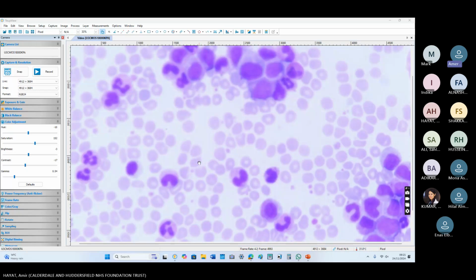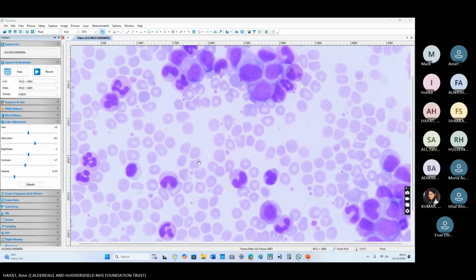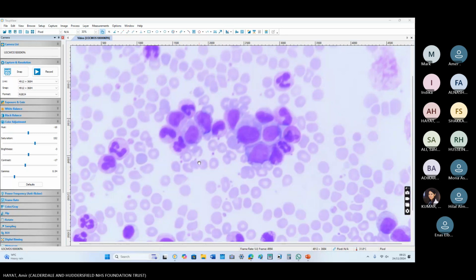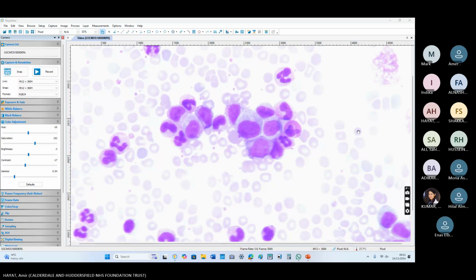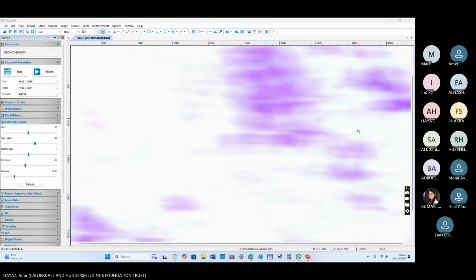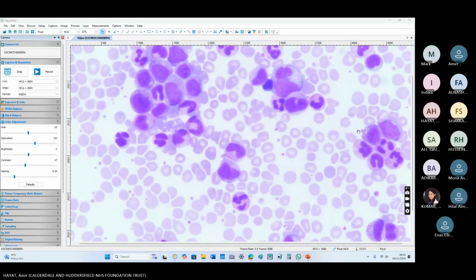Looking for basophils. I see one there now. This one looks like an eosinophil, with orange granules.